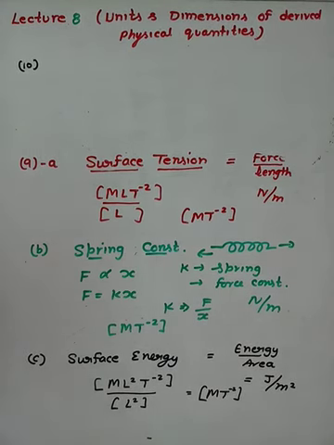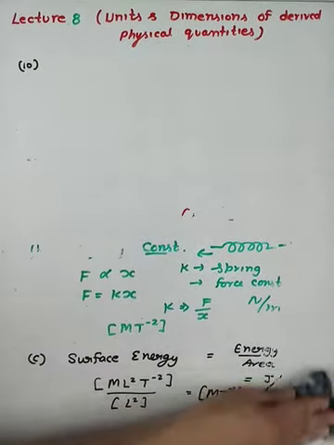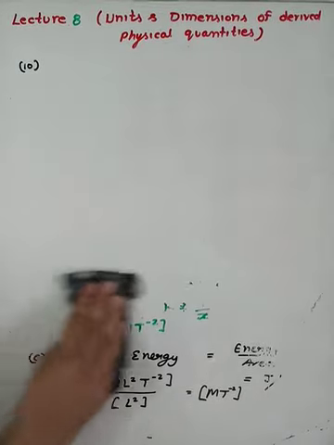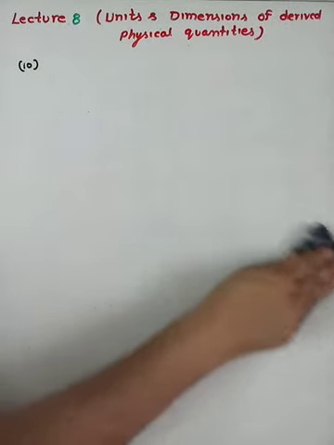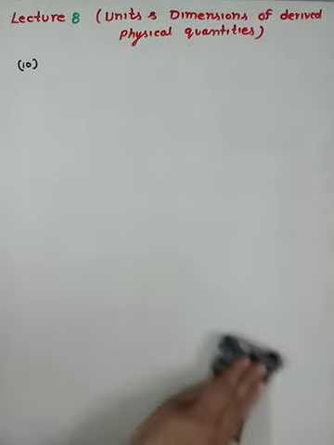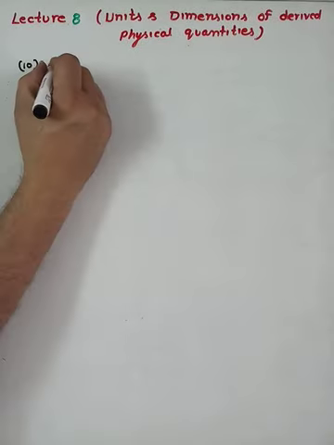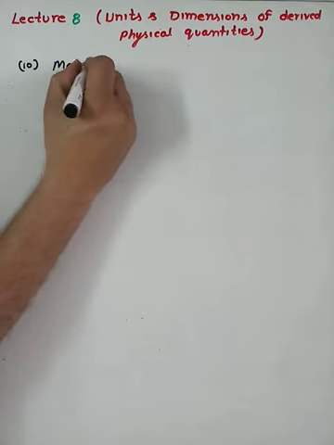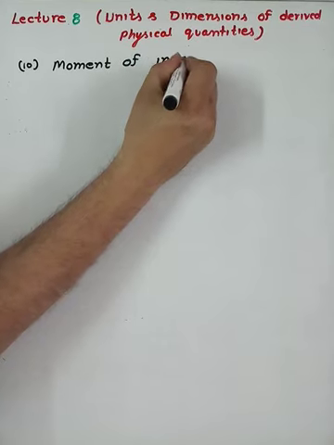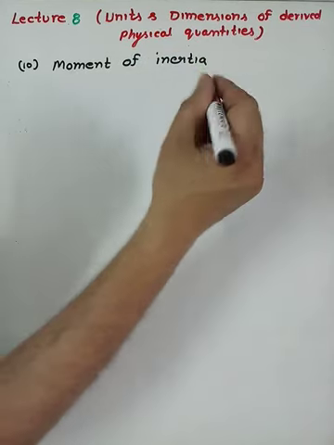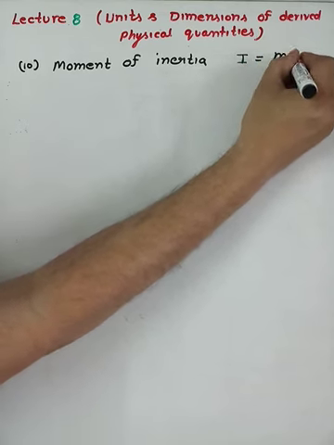First of all, we discuss moment of inertia. Moment of inertia plays the same role in angular motion as mass plays in linear motion. Denoted by I, and it is equal to mr².